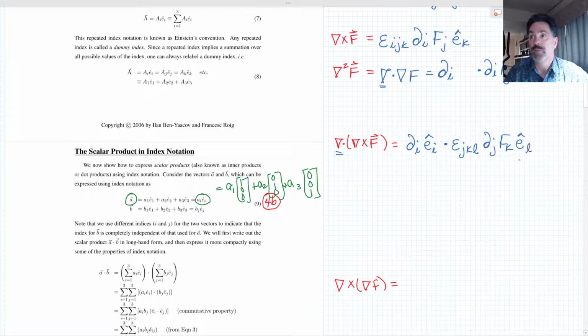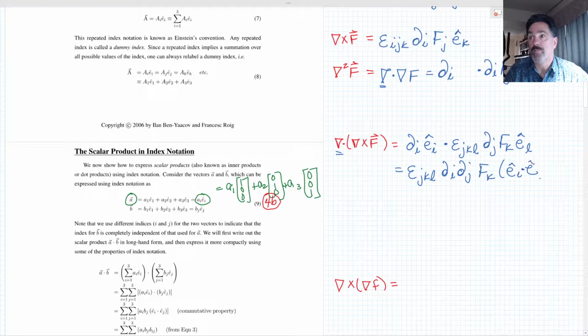Everything in here is a constant except the vectors e_i and e_l, and that's where the dot product applies. So I have an epsilon_jkl, a partial_i, a partial_j, an f_k, and then a dot product between e_i and e_l.